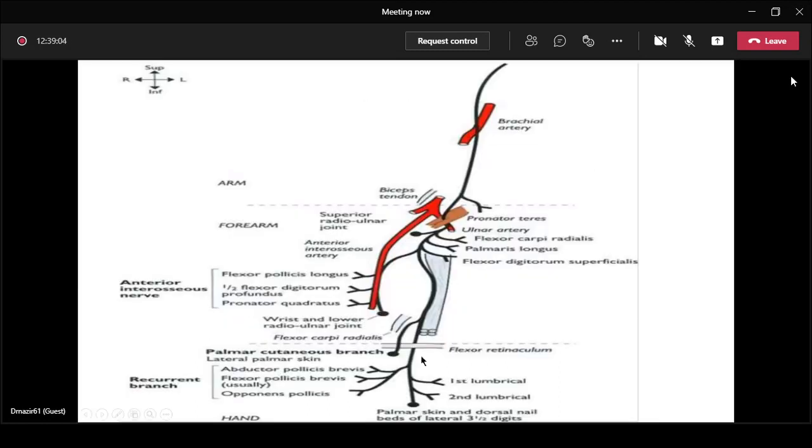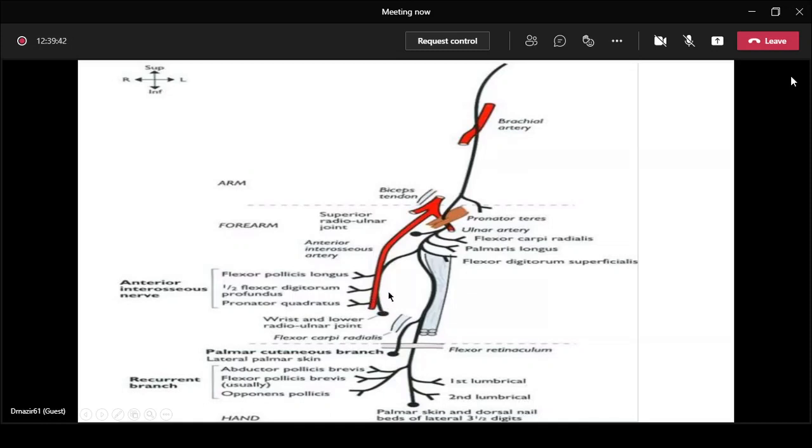So, the flow chart of the median nerve moving along the brachial artery, here at the level of the cubital fossa. It is giving branches, initially muscular branches to the pronator teres, then branches to the flexor carpi radialis, palmaris longus, flexor digitorum superficialis, and other branches to the flexor pollicis longus and half of the flexor digitorum profundus.